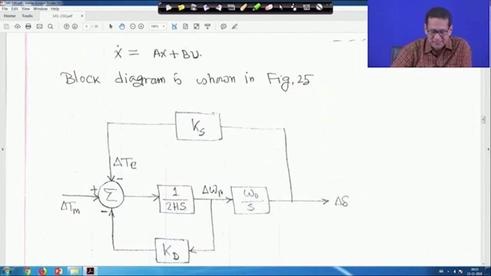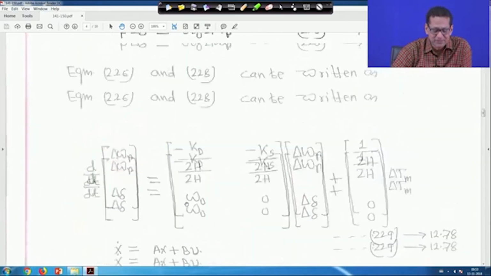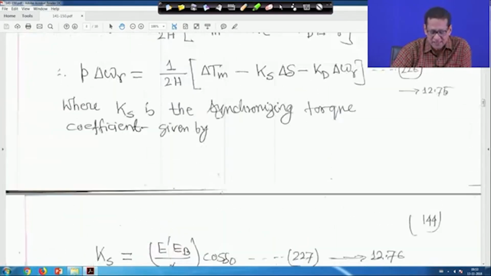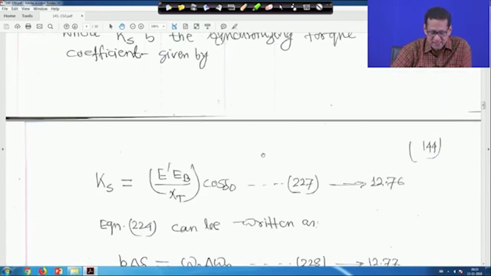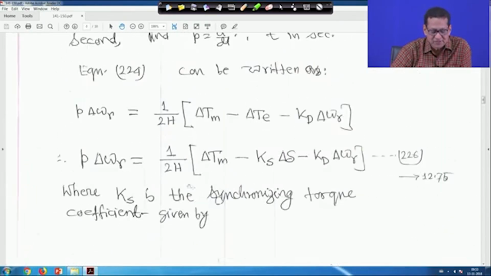Similarly, for the first equation, 226, you replace P by S, since P is equal to d/dt and we go to the Laplace domain.